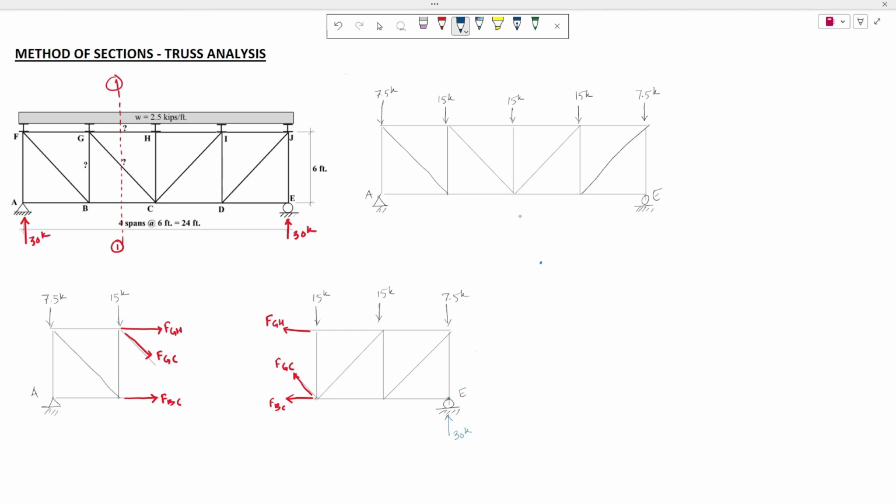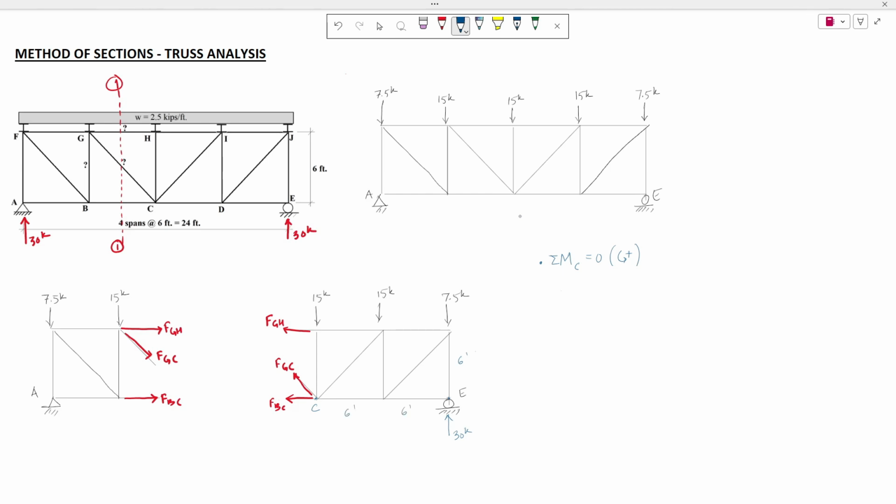But if we take a moment about point C equal to 0 and consider counterclockwise positive, then what's going to happen? These two unknown forces are going to cancel out. So we will only have one unknown force, FGH, which is 6 feet away from this point.